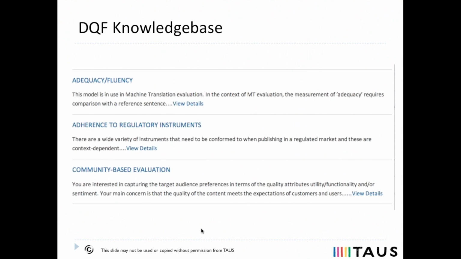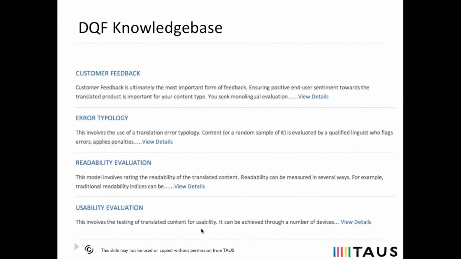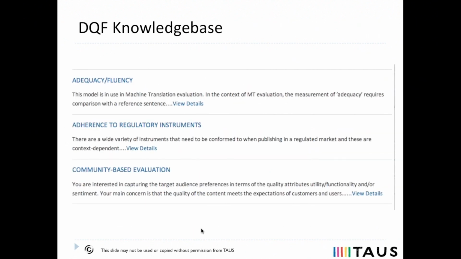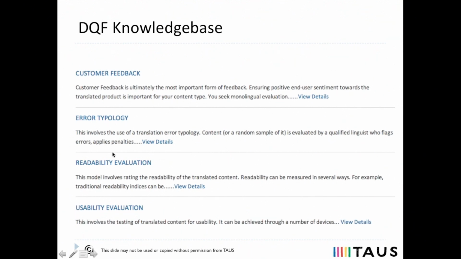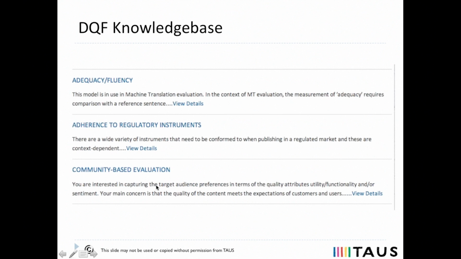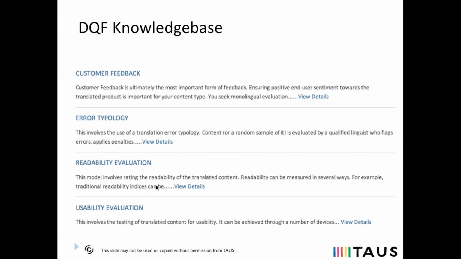So here you see them listed in alphabetical order. And quite simply, some of them are the linguistic review, like error typology, readability, adequacy, fluency that you might be used to. And others are somehow nascent, at least in terms of the translation or localization space, things like community-based evaluation, customer feedback, usability evaluation.